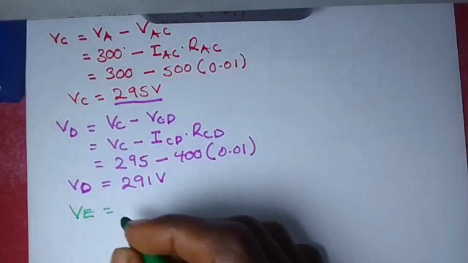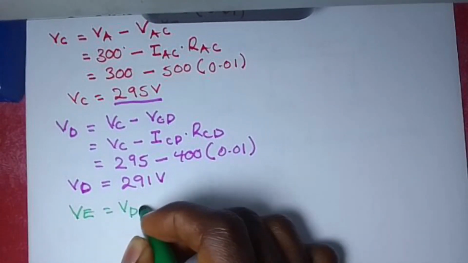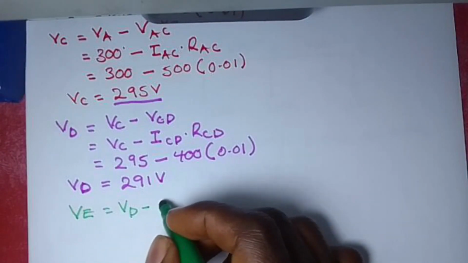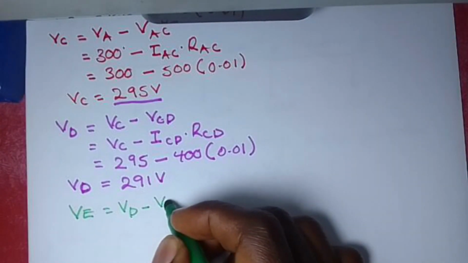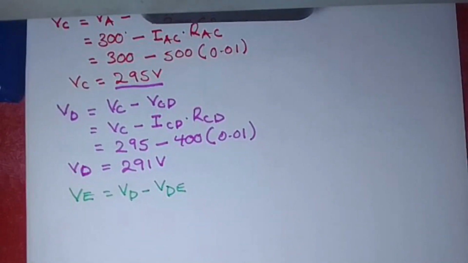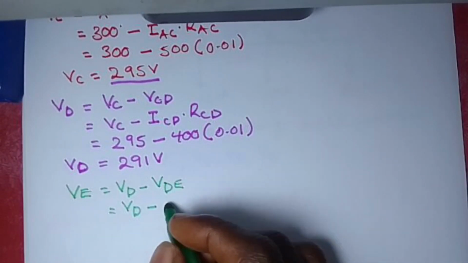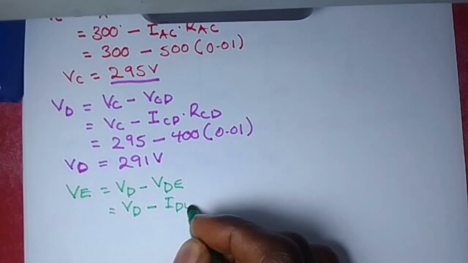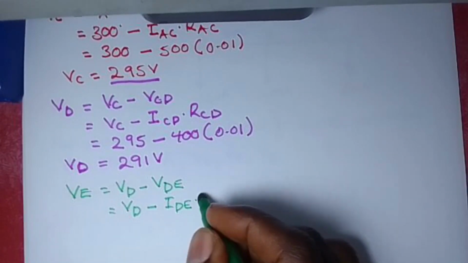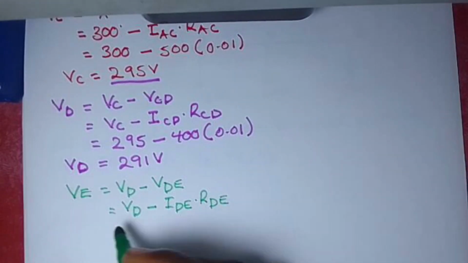So it will be equal to VD minus the voltage drop along the section, which is VDE. So this will be VD minus IDE, the current flowing through that section, times the resistance of that section, which is RDE.